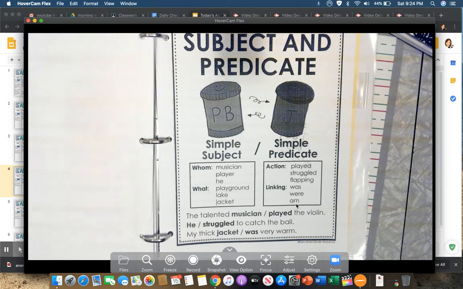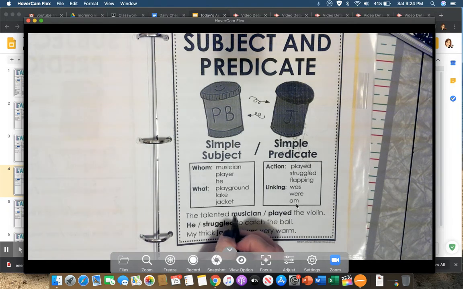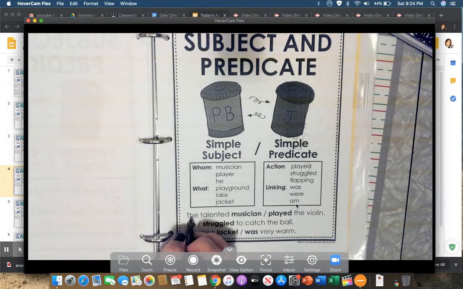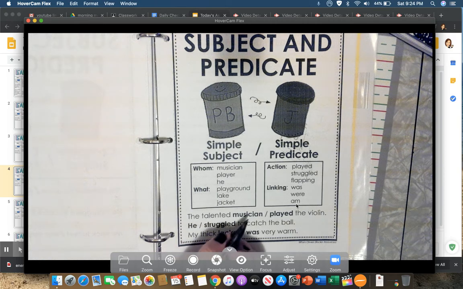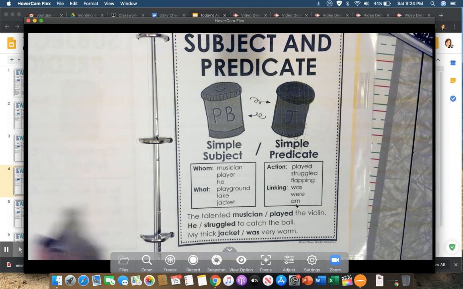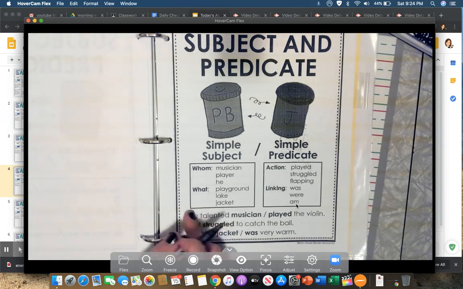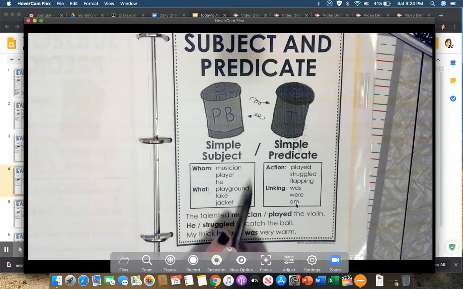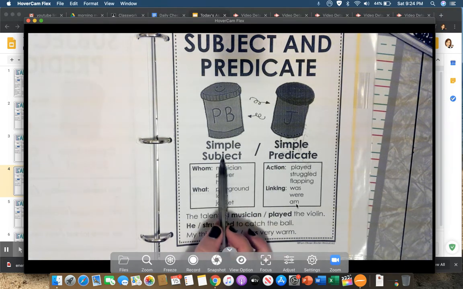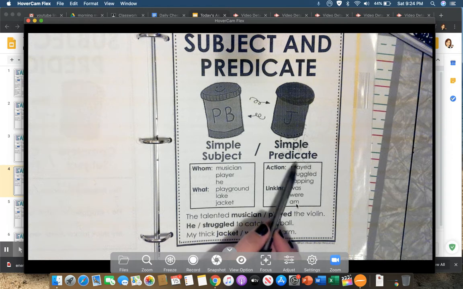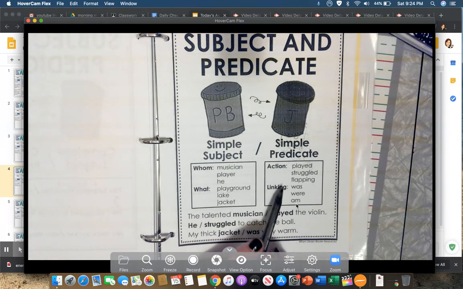If I do simple subject, I'm just going to identify musician. Notice I'm not talking about the talented. Okay, so that's the difference between complete and simple. You take away the other stuff attached to the subject. So simple subject, simple predicate. Subject is still what it's about. Predicate is still what is it doing or how is it being described.